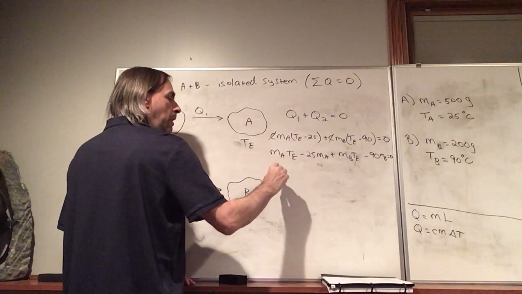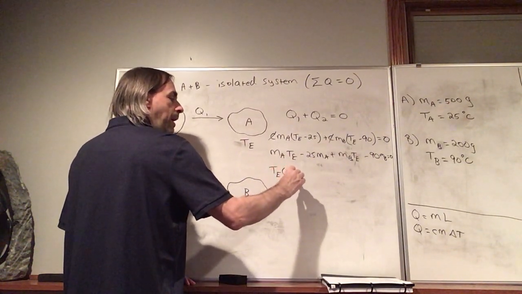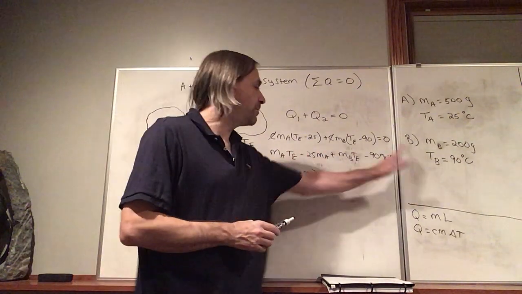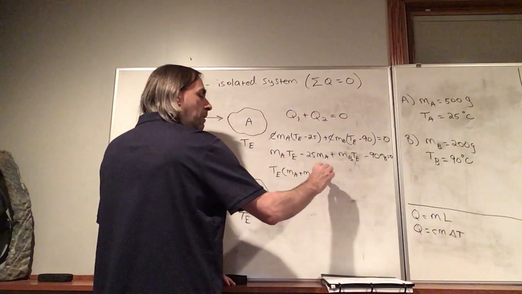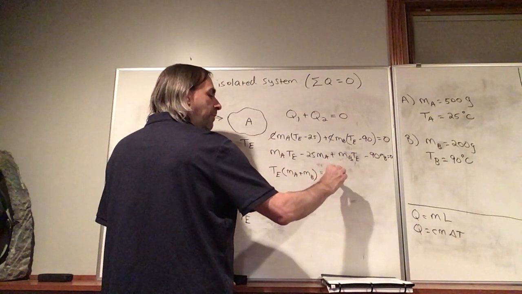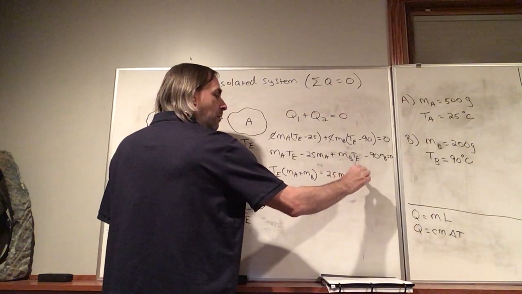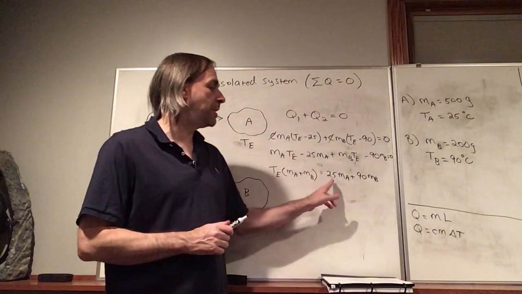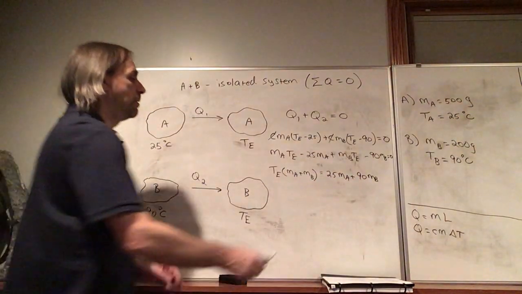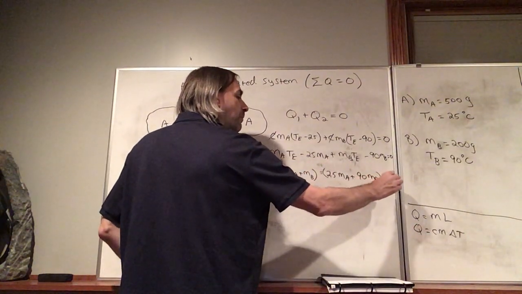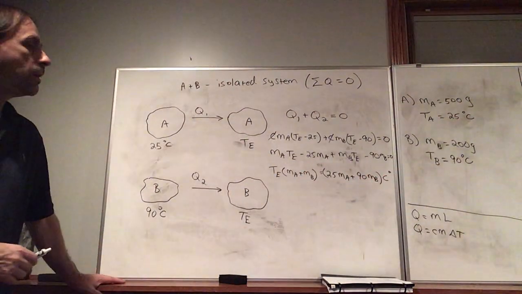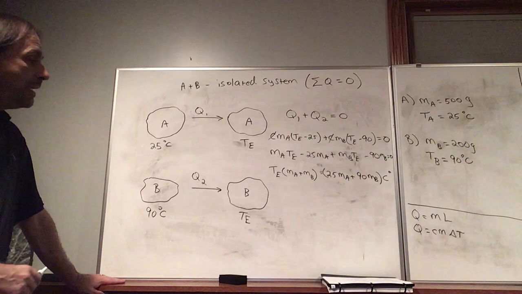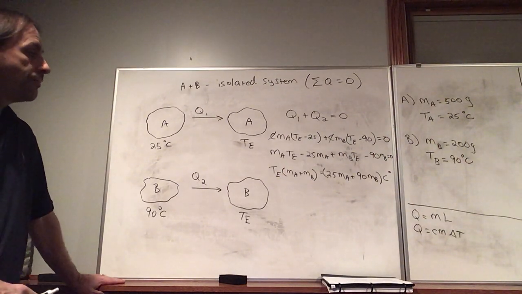We can say T E times M A plus M B. And then these terms we put to the other side, so we'd have 25 M A plus 90 M B. And remember, each of these numbers are like Celsius degrees. Maybe I'll put that back now that I have room for it. I hate neglecting units, but I'm kind of forced to in this case, at least as far as writing them down. Okay, and now it's just a matter of solving.